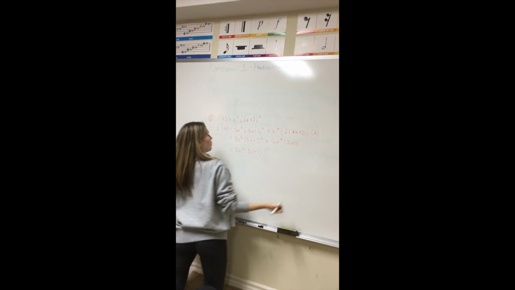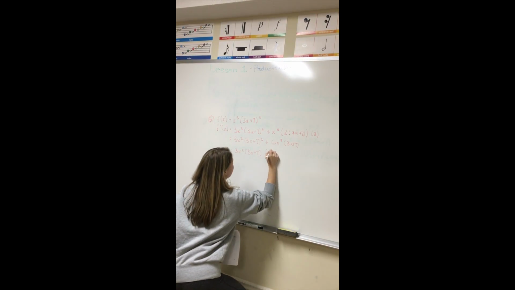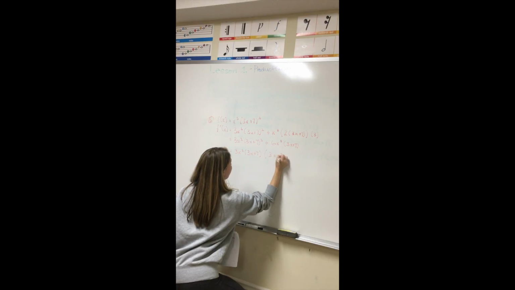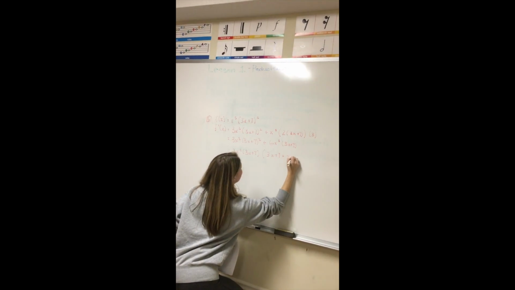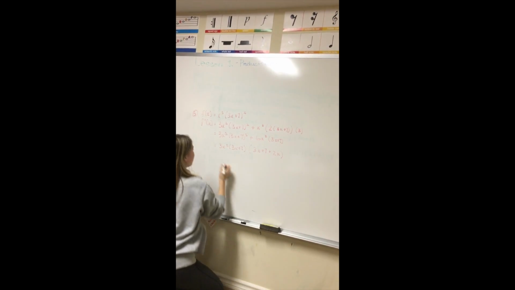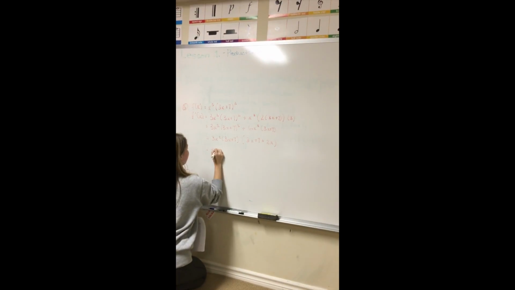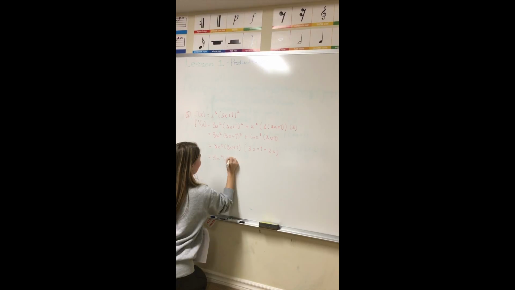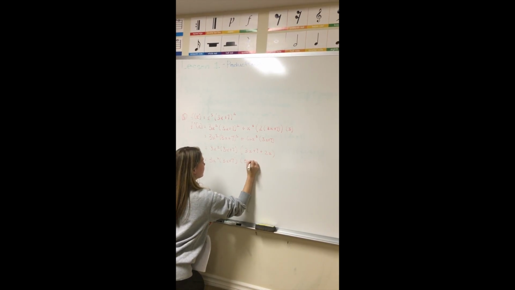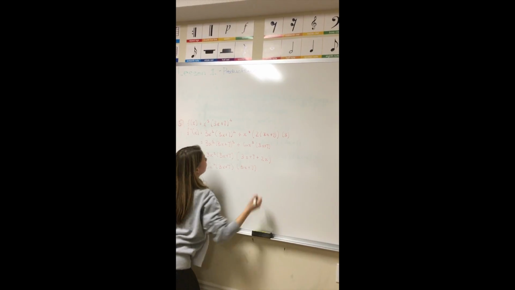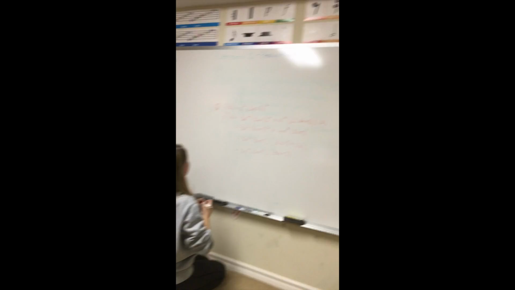Then inside our factor, we are going to be left with just a 3x plus 7 plus 2x. Then if we want to simplify what is inside our factor yet again, we are going to be left with 5x plus 7, which is our final answer.